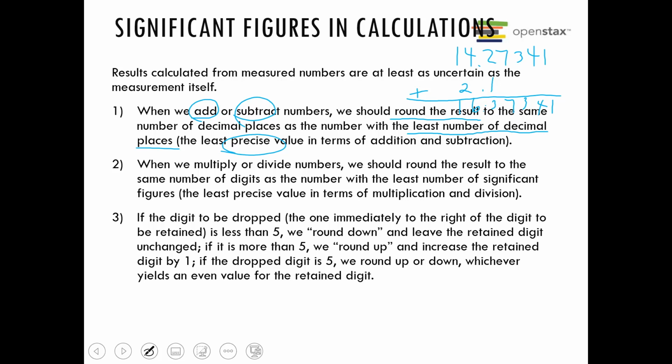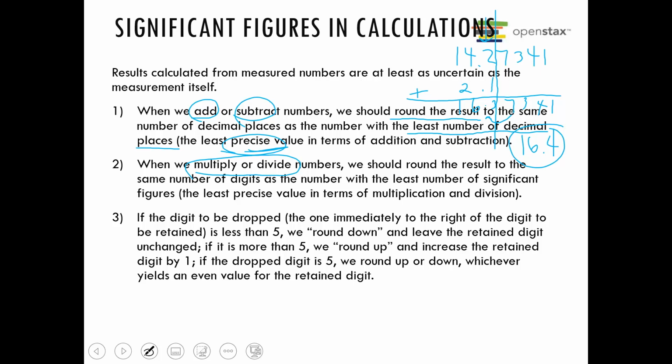But my least precise value, or my least number of decimal points, was to my 10th position. So my answer can only be to the 10th. So I would say, okay, well, my 7 would round that 3 up. This would be 16.4. Same with subtraction.